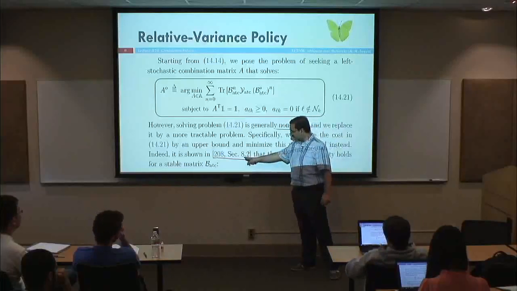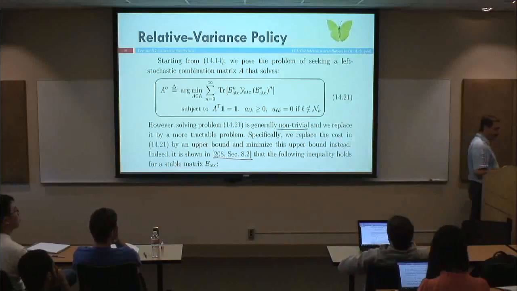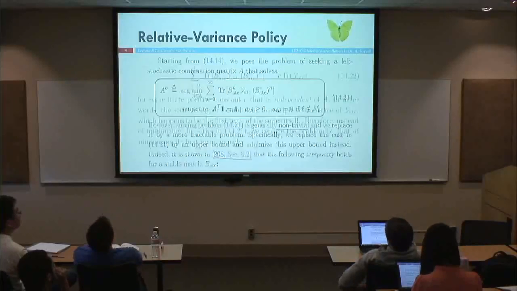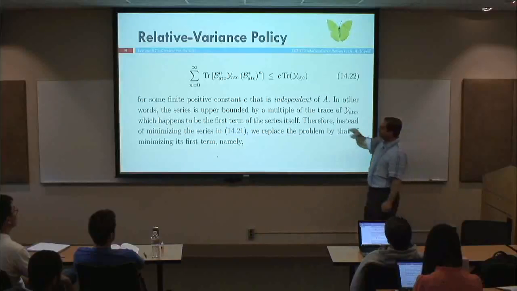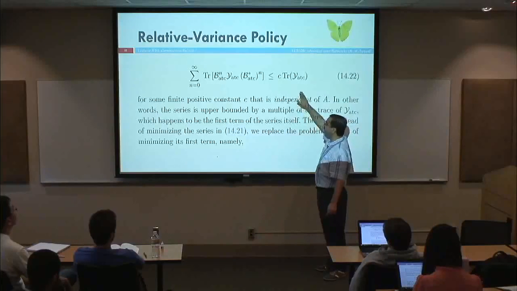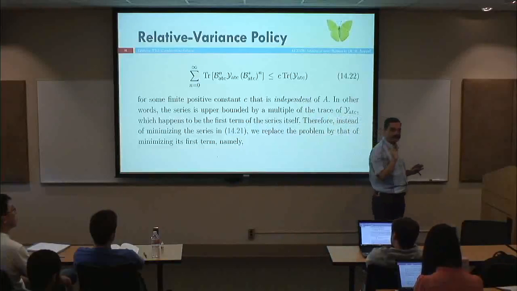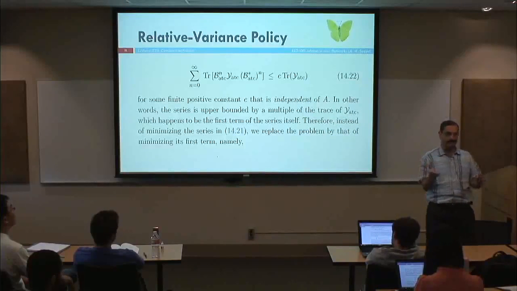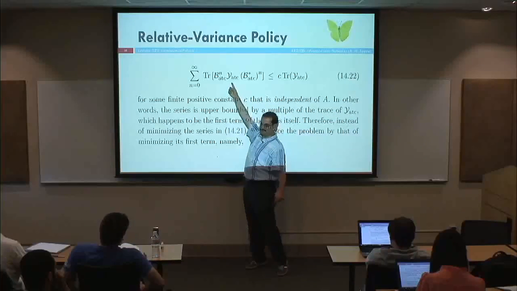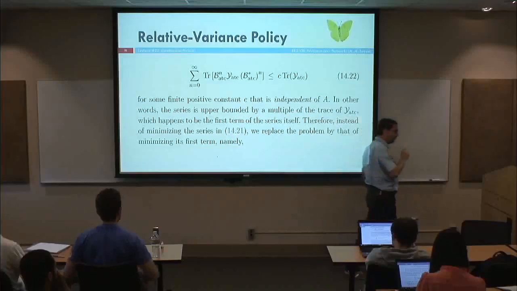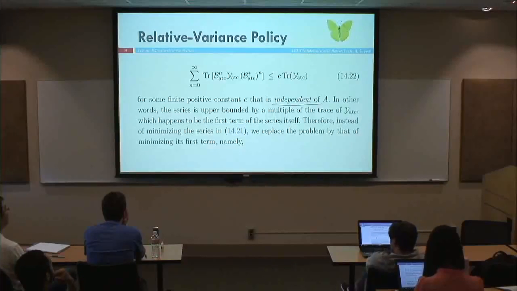If you look into that section, you will find that relation, okay? You can show that this series is upper bounded by some constant that's independent of A, and that's critical. C has to be independent of A, otherwise, right, times the trace of Y, the trace of what's here in the middle, okay? So this is my first remark, okay? So C is independent of A, okay?